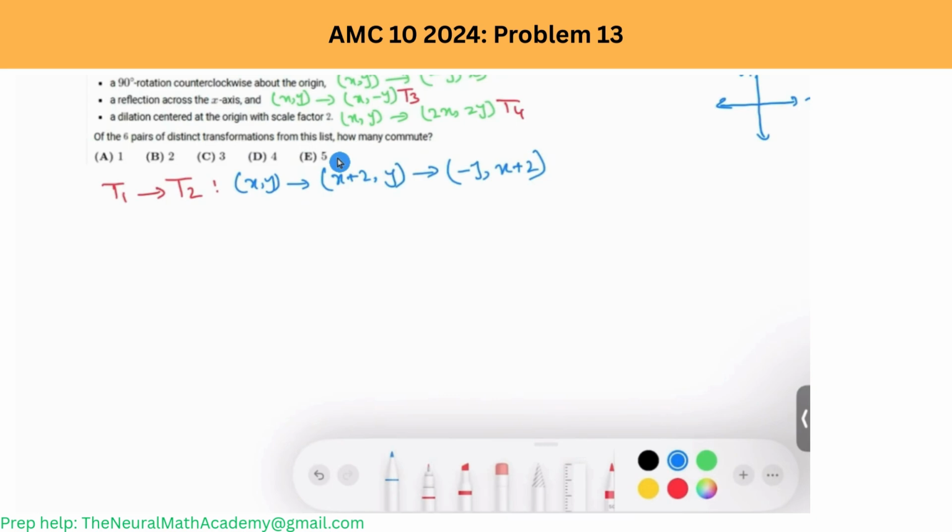Now let's see what we get if I apply T2 first and then T1.